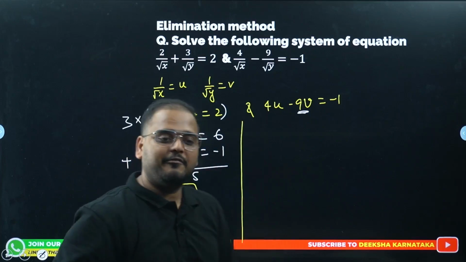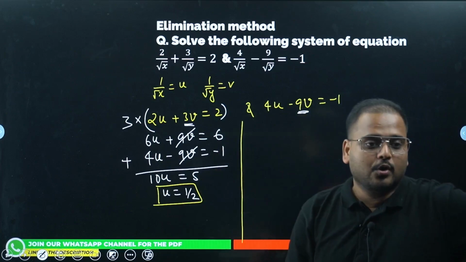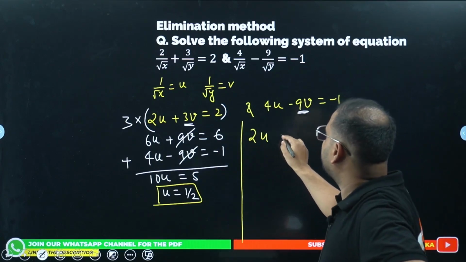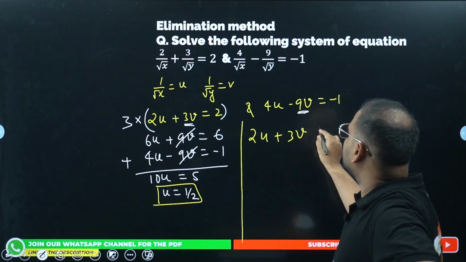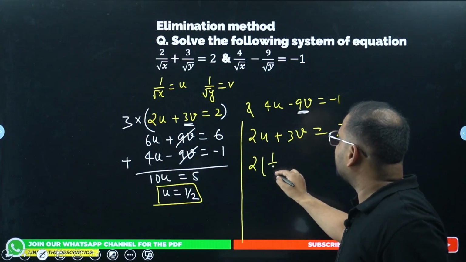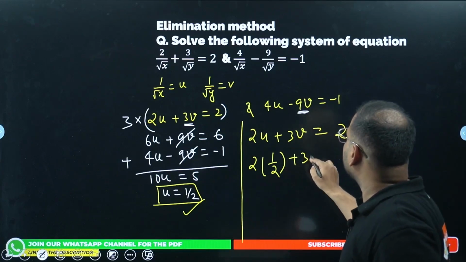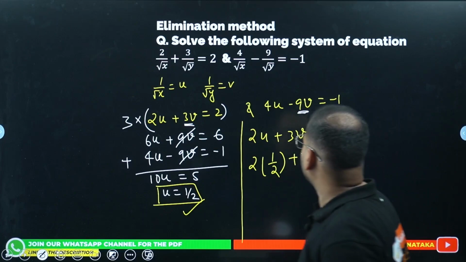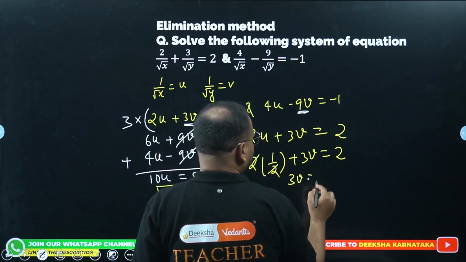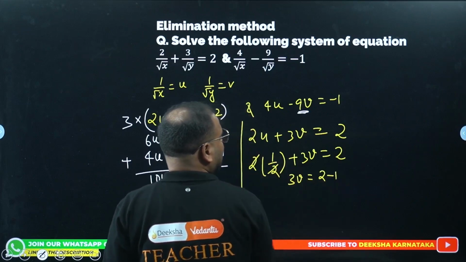So let's find v first. What is v going to be? Substitute u, which is 1 by 2, in any of the equations. First equation: 2u plus 3v equals 2. What is 2u? 2 times 1 by 2, which we just solved, is 1. So 3v plus 1 equals 2, and moving 1 across, 3v equals 2 minus 1.